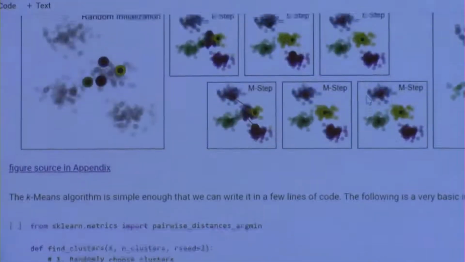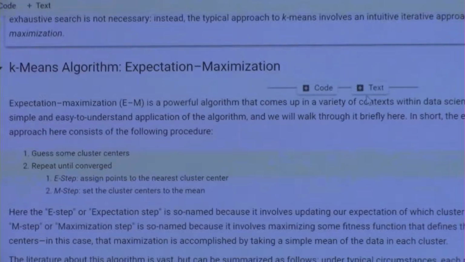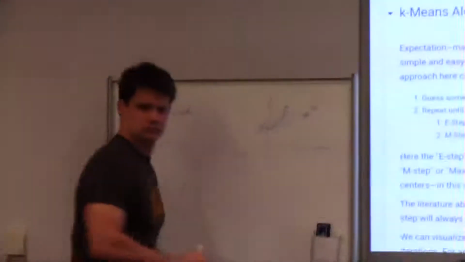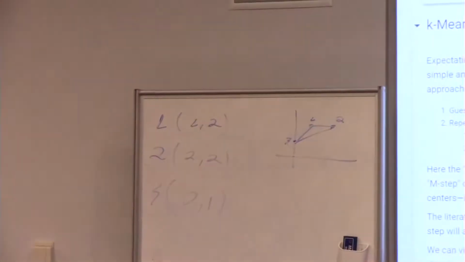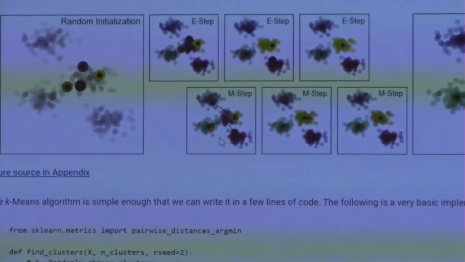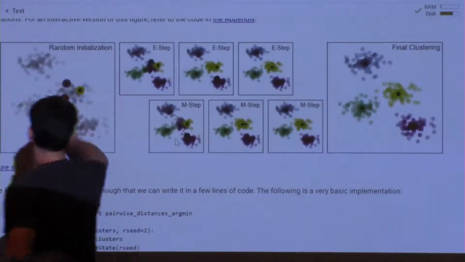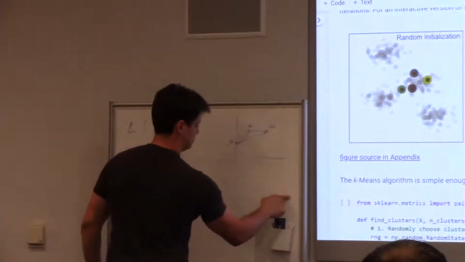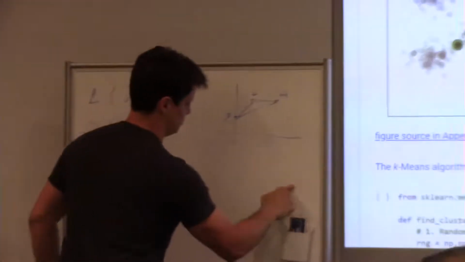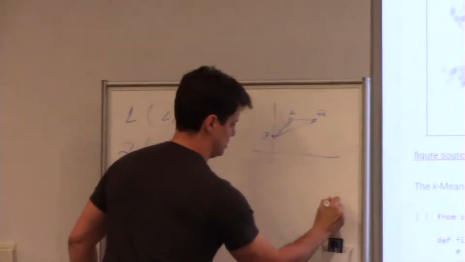You basically set them randomly. Random. You set them random. So just imagine that I'm going to put one center here. This is a point of center.